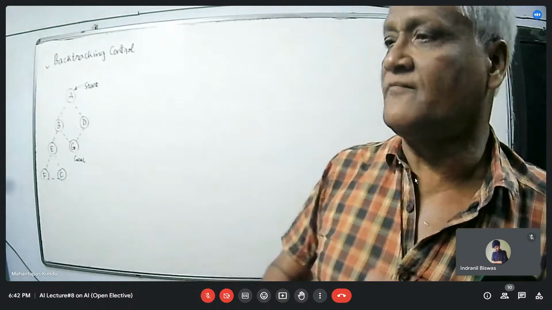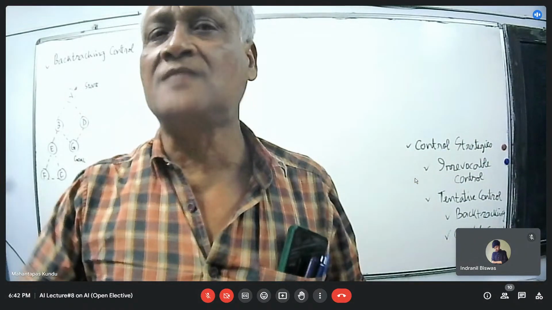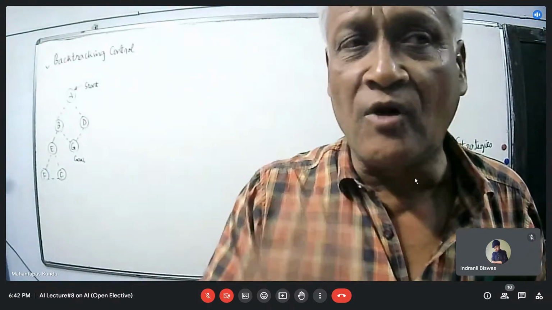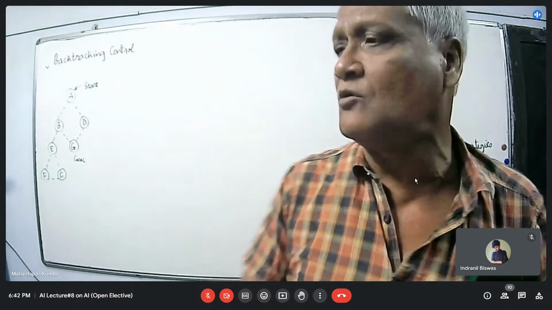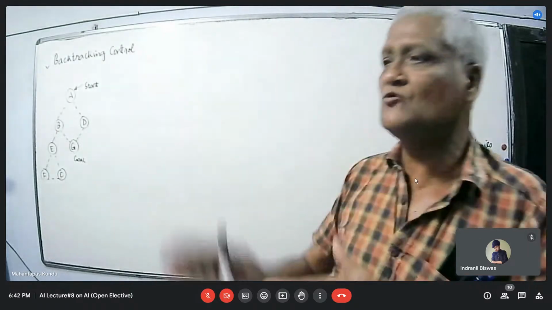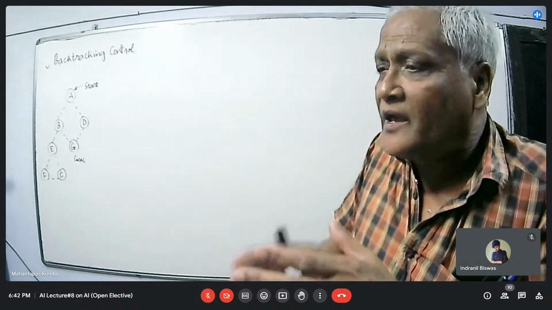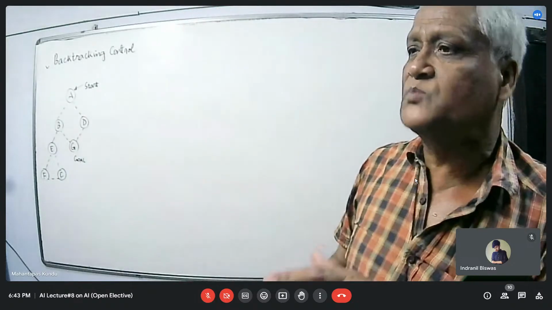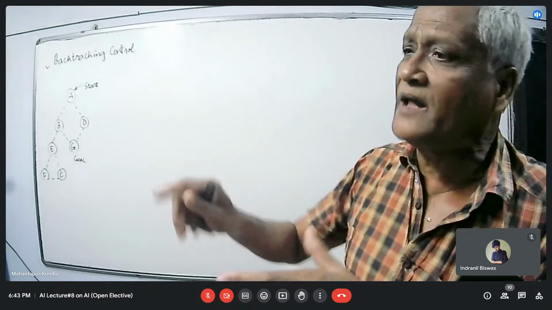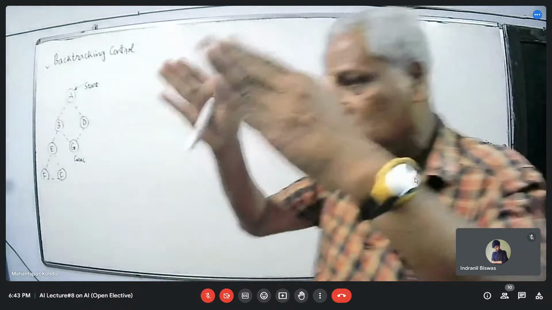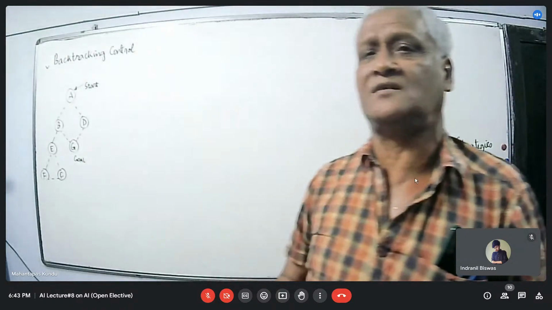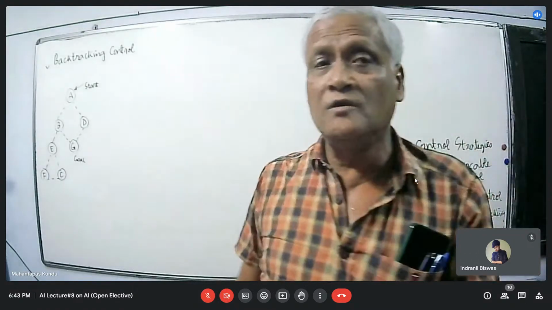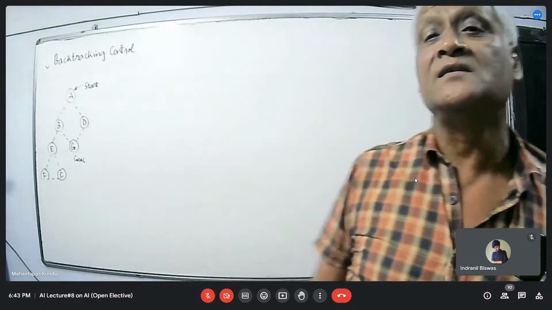Because after conducting search for certain time, if we find that we have not been able to reach the goal node, then we need to backtrack to any of the states which were visited earlier, and for that those states should be stored with some data structure. Under backtracking control, we will store those states over a stack.